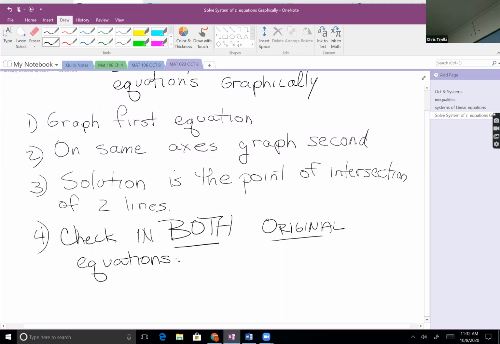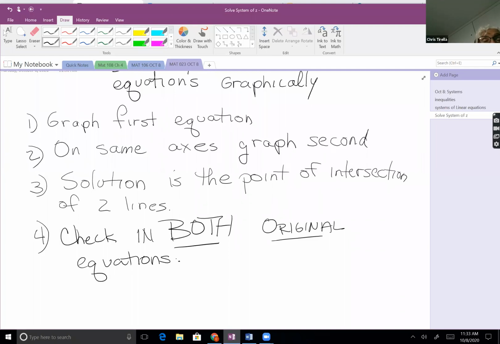And in looking at these systems of equations, we're going to have a lot of practice graphing our lines. And we're going to see that when we graph our lines, three different things could happen. Everybody have the method down?